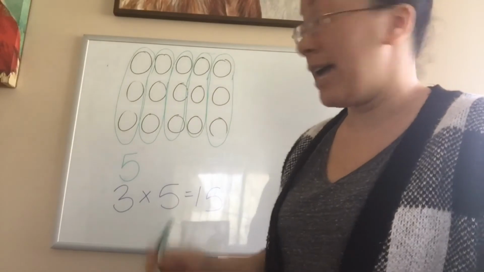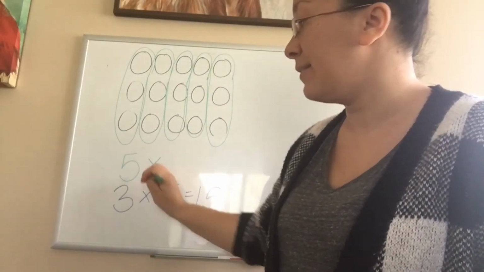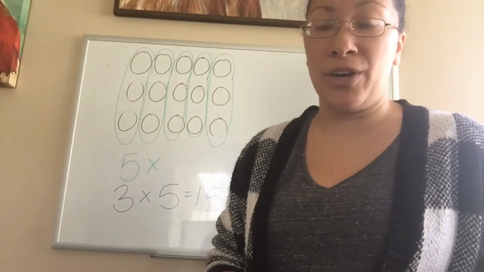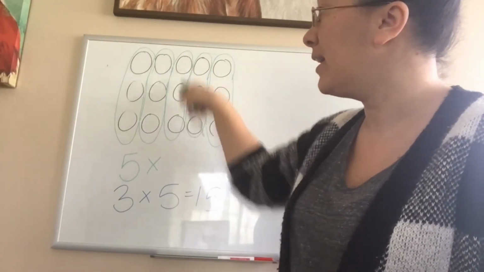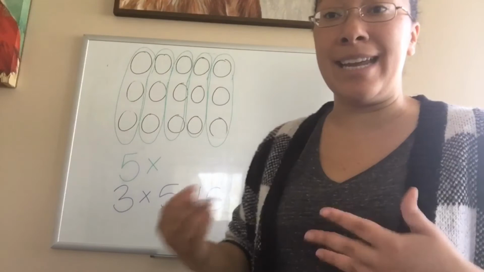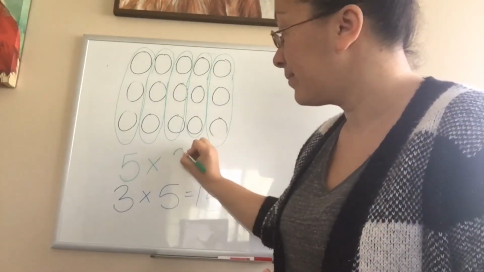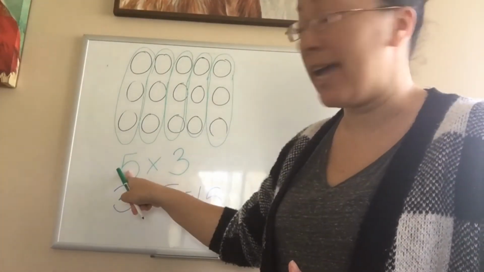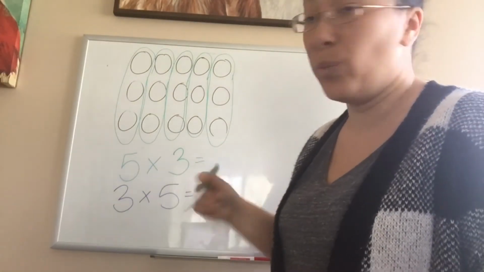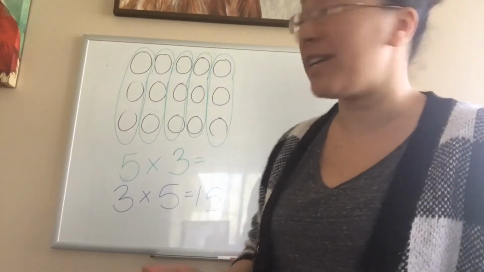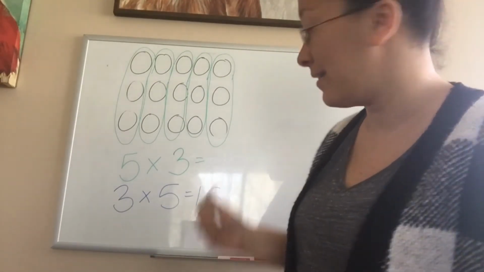So I have 5 groups of, and then I need to look and see how many are in my group. So if I take a look, I can see that I have 3 circles in each group. So I have 5 groups of 3. And once again, I count all my circles, and if I count them all, I have 15.